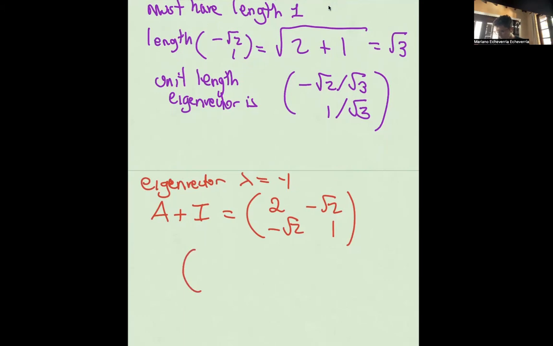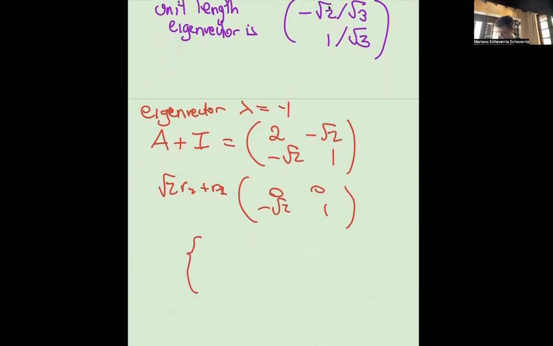In fact, the easiest thing in this problem is to do root of 2 row 2 plus row 1, which simplifies it because you get 0.